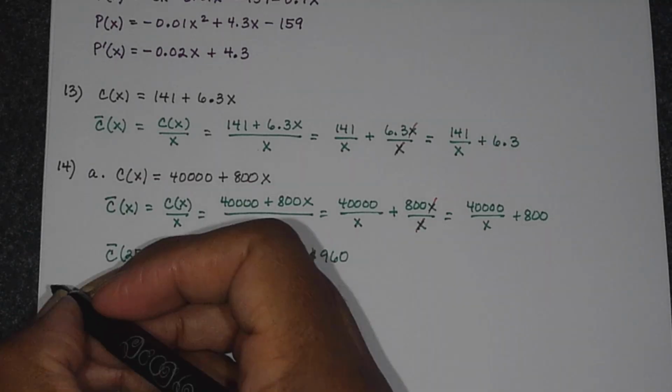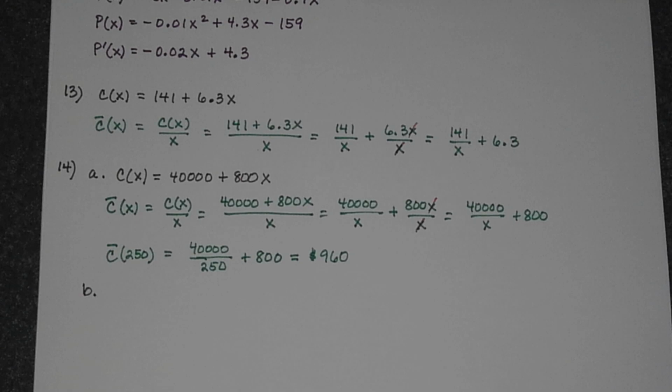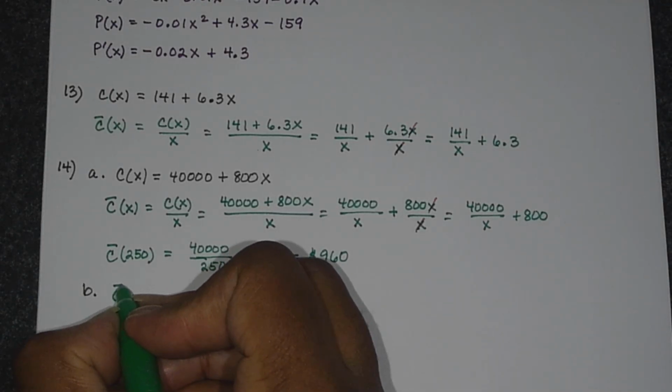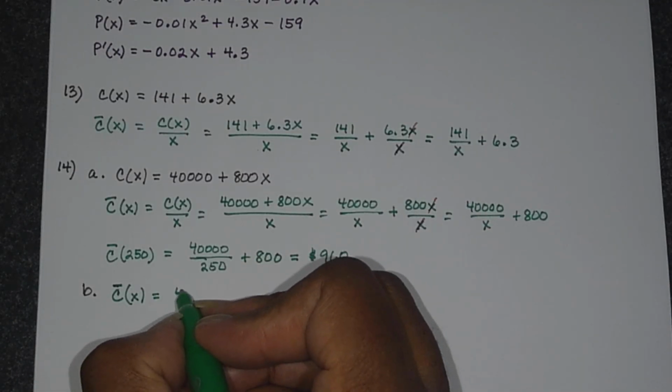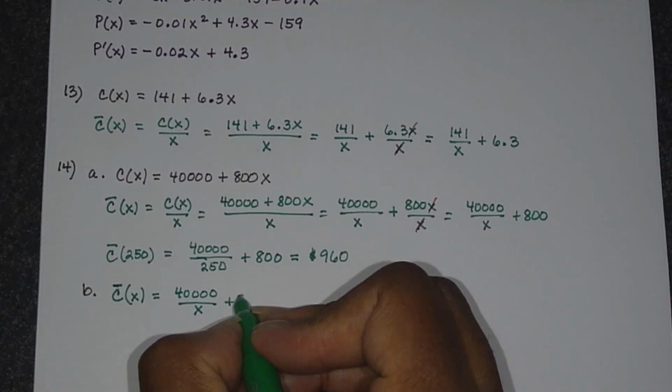Now in part B, they want the marginal cost at a production level of 250 units. So let's use that C bar of x function, which was 40,000 over x plus 800.